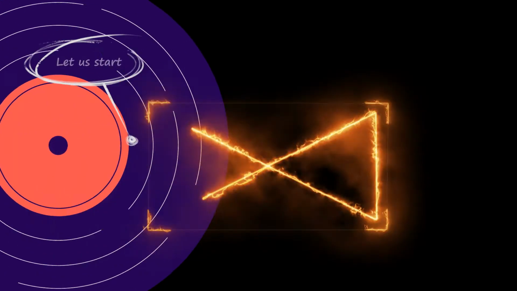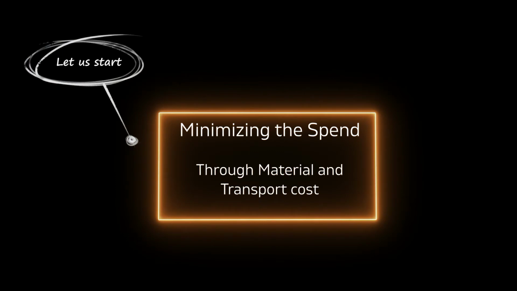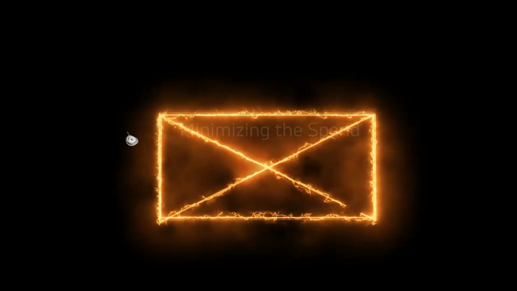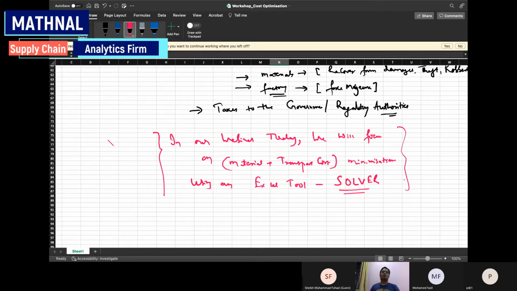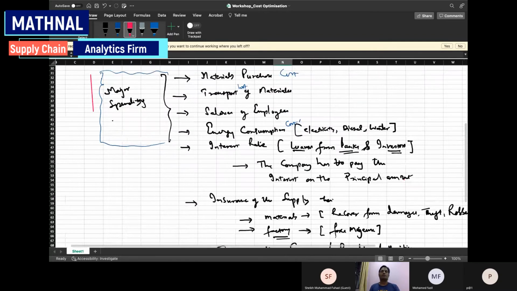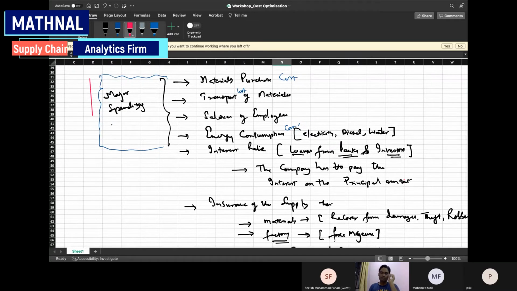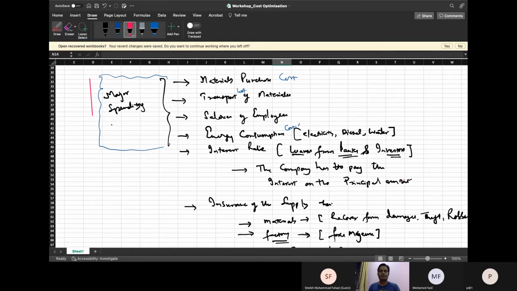So we have just seen what the supply chain cost is, and which four or five components the major cost of supply chain is coming from.